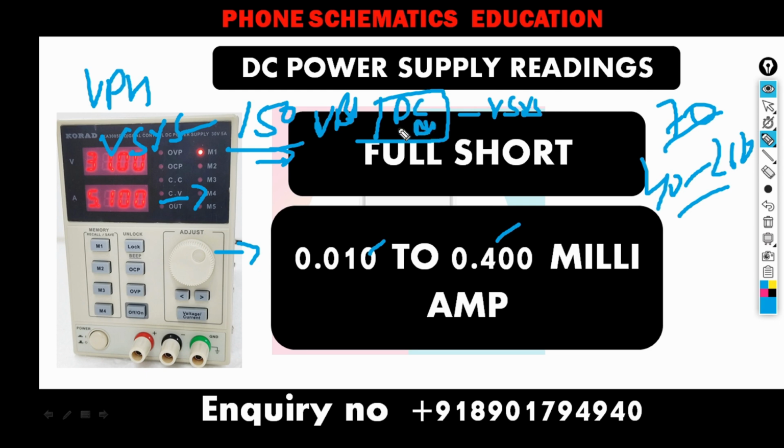The DC to DC IC also has a MOSFET on it. So sometimes if there is a major short on a V system line or VPH line, it completely does not pass on to the VBAT. You will see a little short here. But when you go to the V system line, VPH line, there is a full short. I hope you get my point.